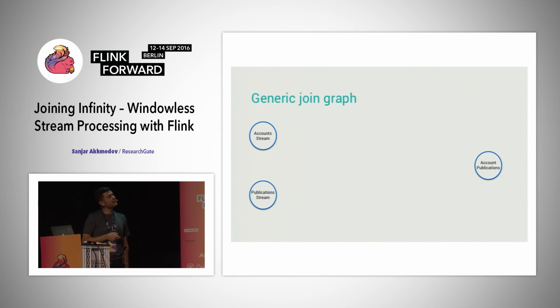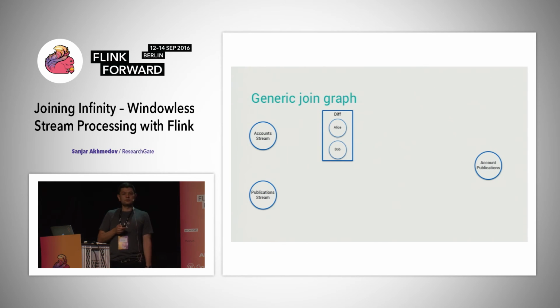So the generic way to join two streams would look something like this. We would have, with a co-flat map, accounts and publications, and we first have to store the previous value. We store the previous value for each ID in the input stream. So we have to key that stream by primary key and keep a state of the previous value if it's not a delete.